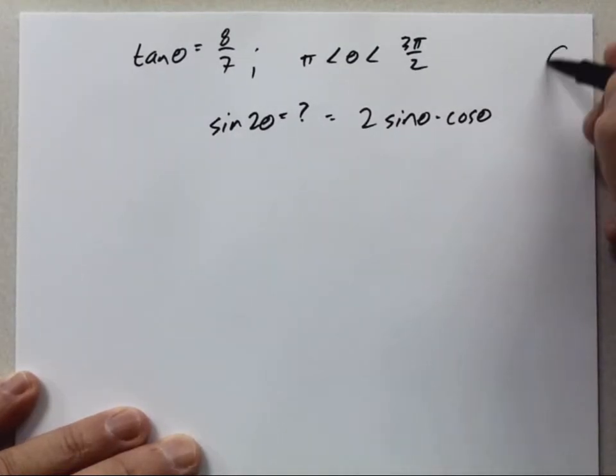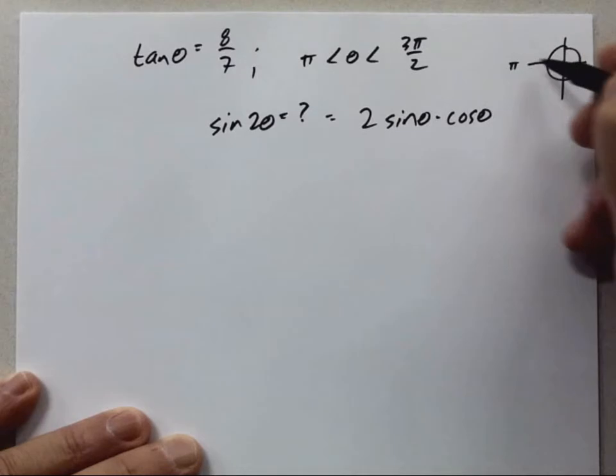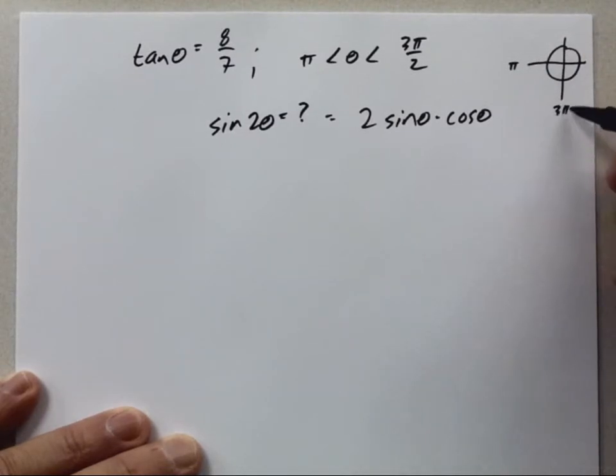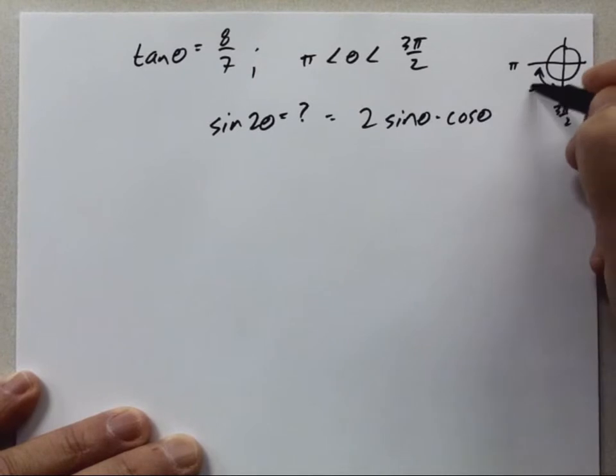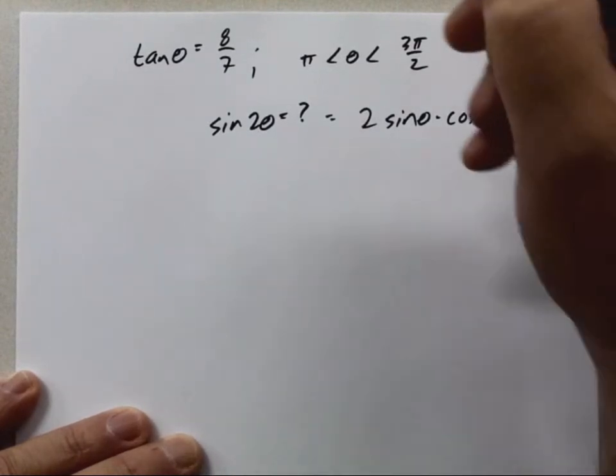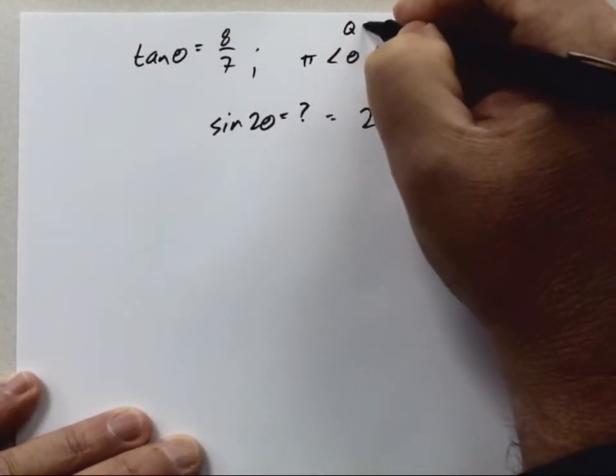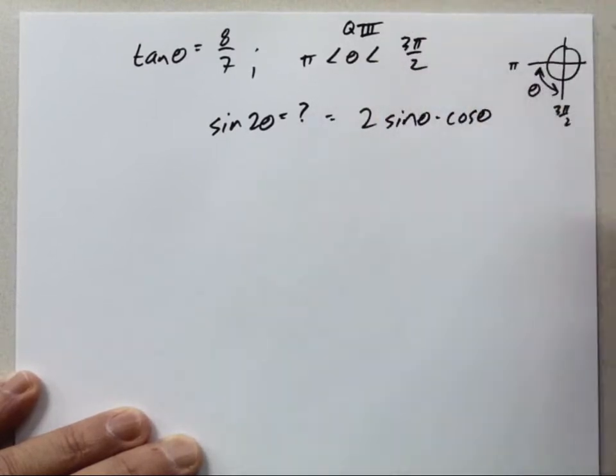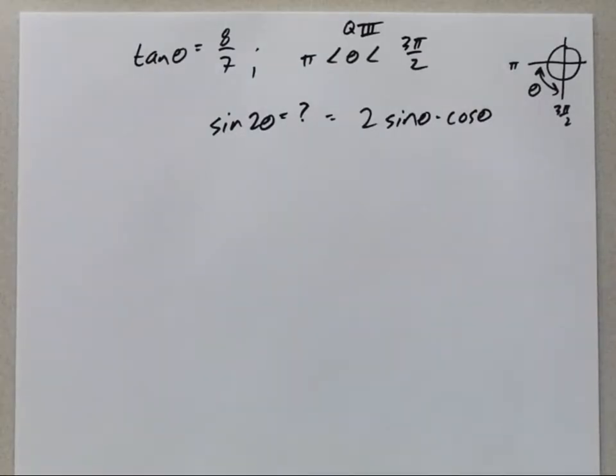If you think about our unit circle, pi is here, 3 pi over 2 is here, so theta must be in here. I can sort of mark up here. I know that that angle is in quadrant 3.